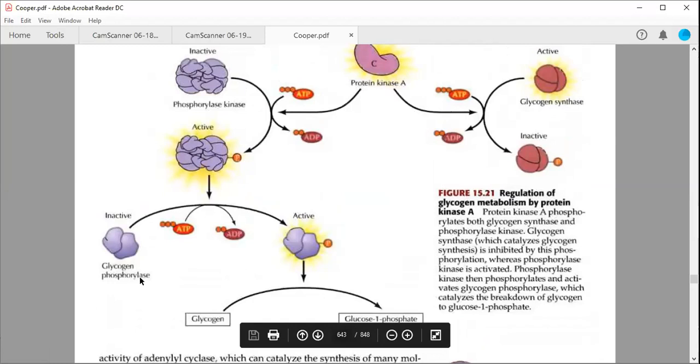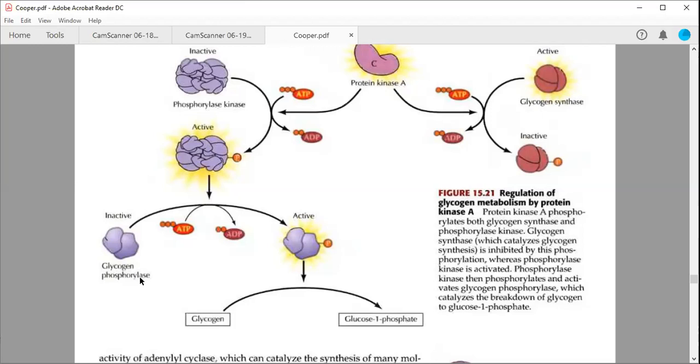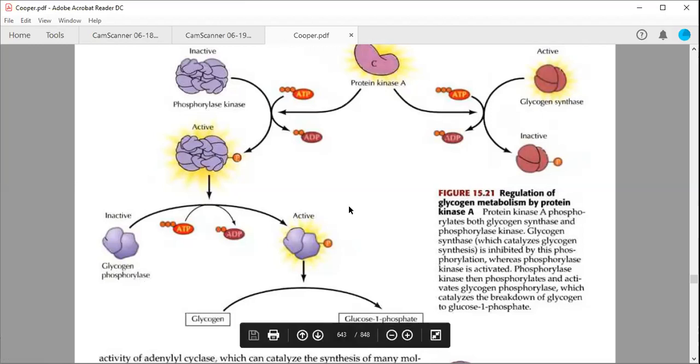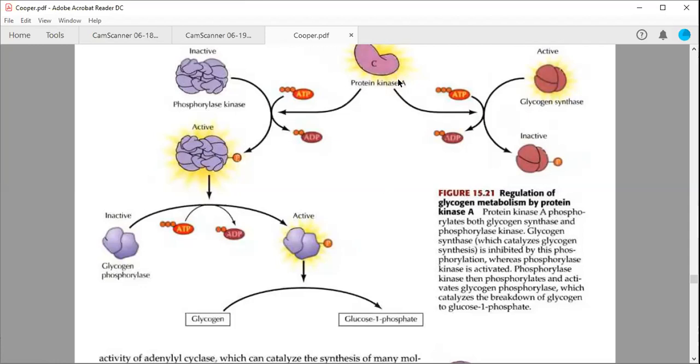Now, how is it going to regulate the metabolism? The question is how it is regulating glucose synthesis from the glycogen in the muscles when we are doing physical exercise. So this protein kinase A, first thing, it will phosphorylate every protein it will find. It will phosphorylate two proteins. One is phosphorylase kinase, which will be activated after phosphorylation.